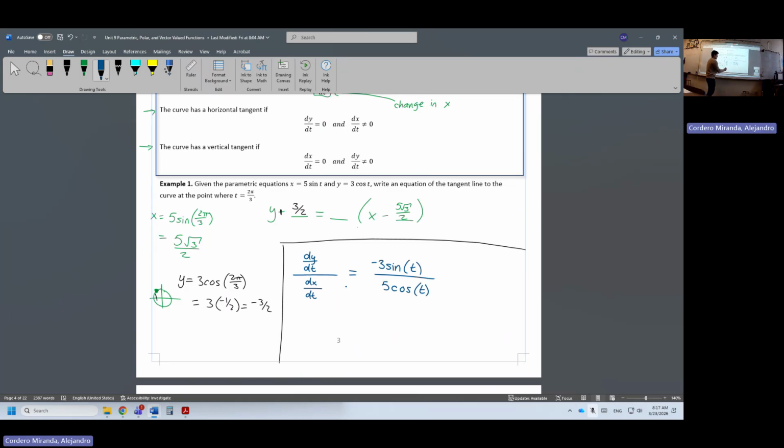And then evaluate that at 2 pi over 3, and we would get negative 3 times the sine of 2 pi over 3, let me just write it all out before I have to do it all in my head, over 5 times the cosine of that.